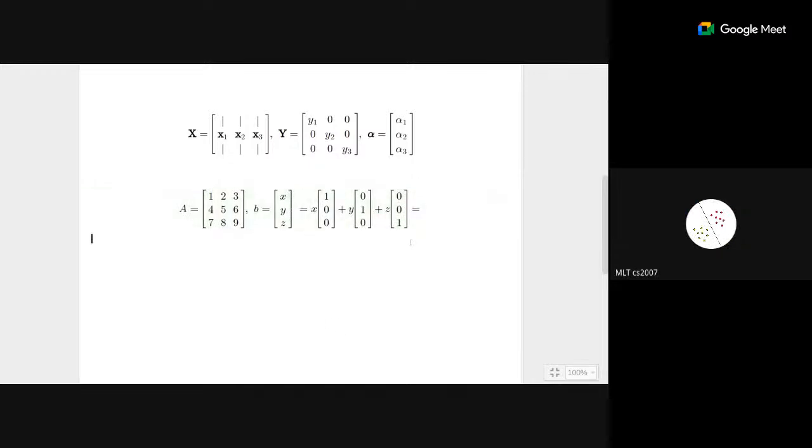A into B is now what? You already know what A into 1 0 0 is, right? First column.